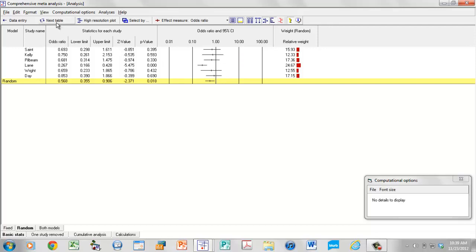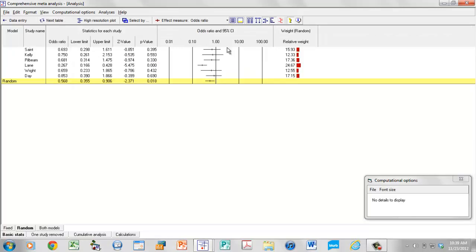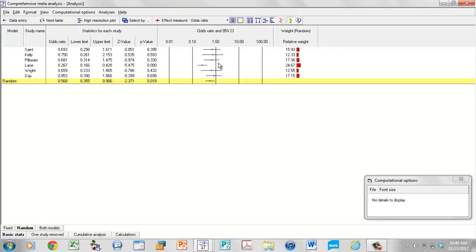The I-squared is 52, which means that if we removed the random dispersion and just looked at the true dispersion, there would still be some dispersion, but not as much as we see here. About 52% of the dispersion that we are seeing is real, which means that about half of it is error.